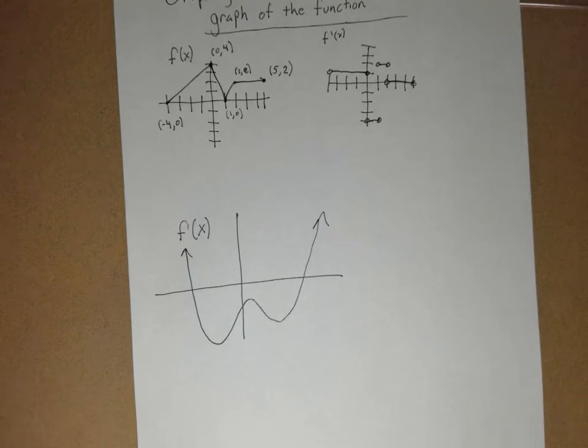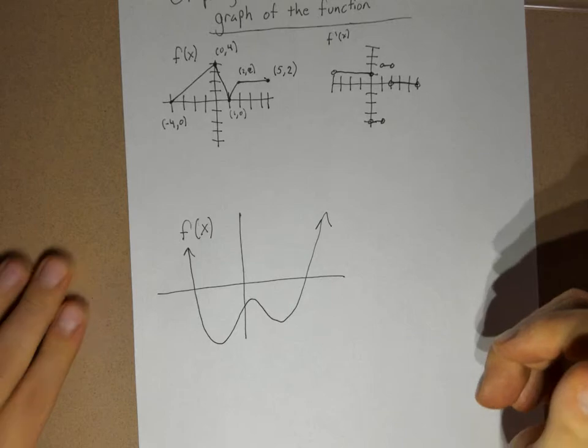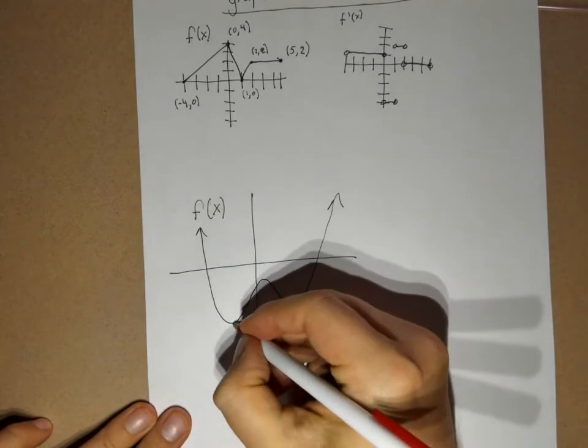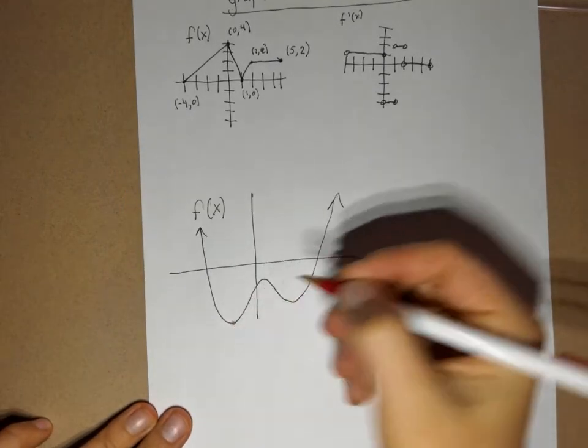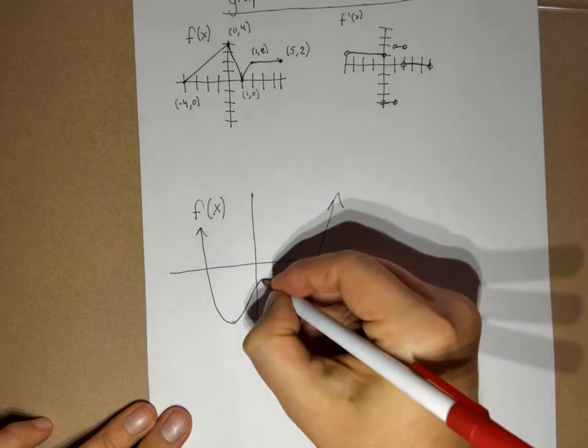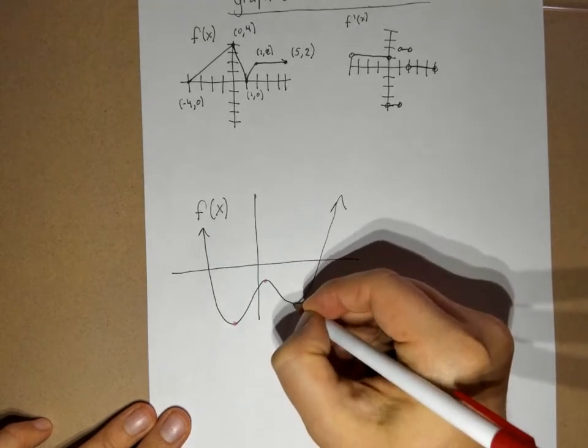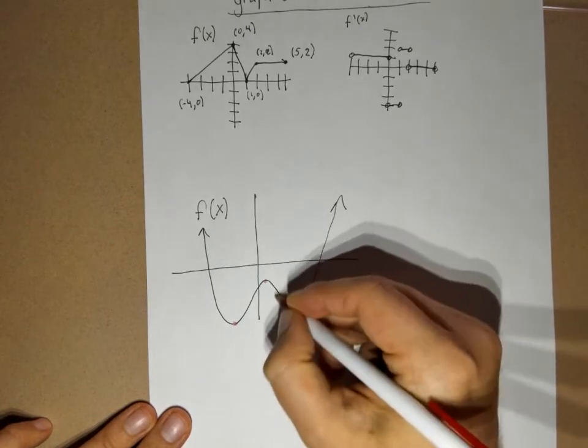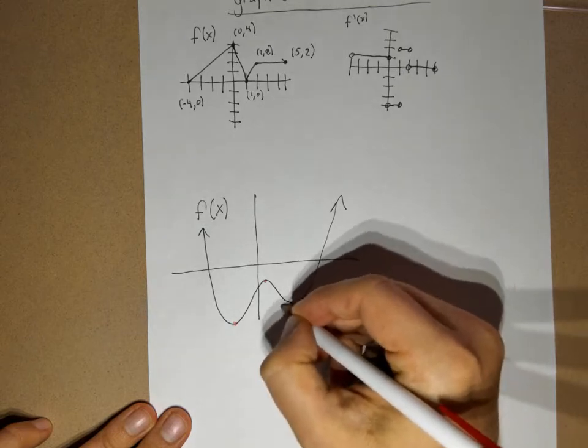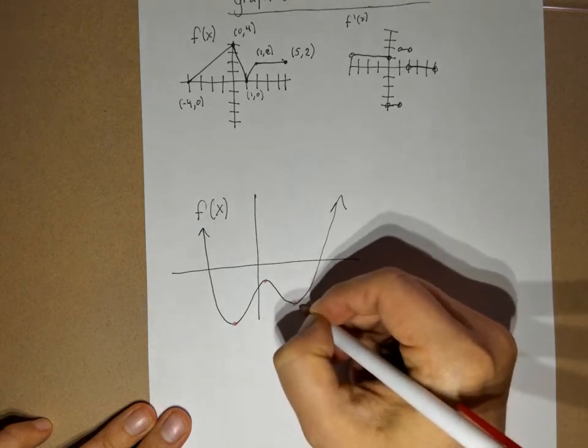So the first thing that I do is I locate anywhere where I know my derivative or my slope is 0. So that's going to occur at all of these minimums and maximums. My derivative is going to be 0 because technically the slope at those points is going to be 0.